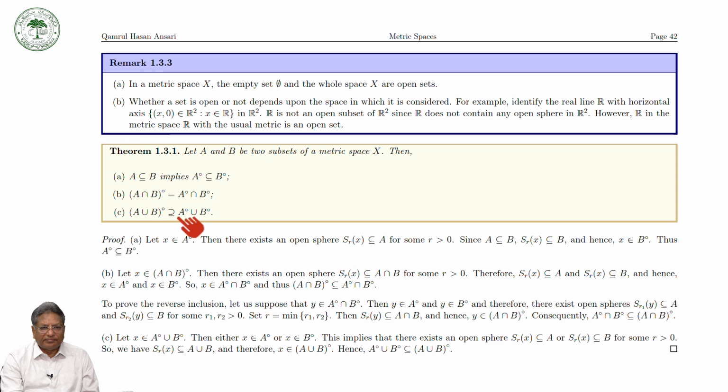We will see later. So to prove the first one, we want to prove that the interior of A is a subset of interior of B if A is a subset of B.